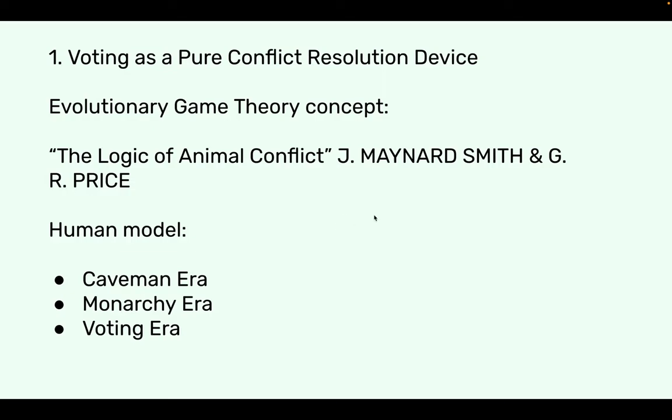The basic concept there was that within animal species there's a lot of conflict, but they also evolved methods to minimize and resolve conflict, because the constant existence of conflict imposes such a big evolutionary cost that it is not viable for the individuals of the species.